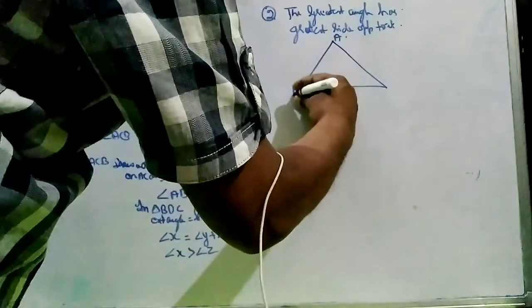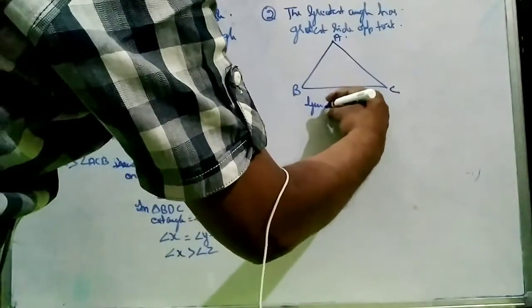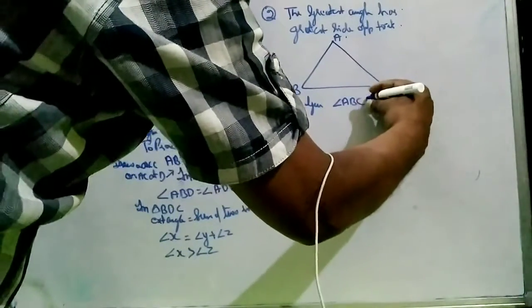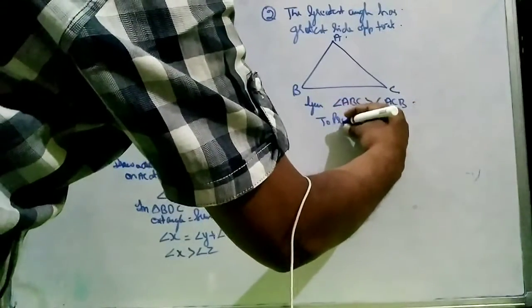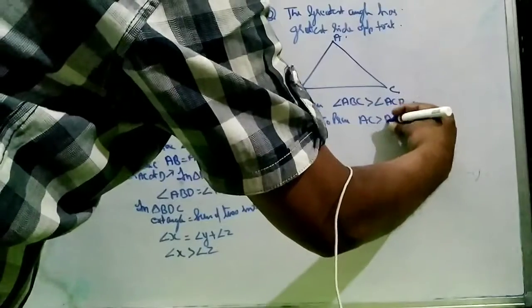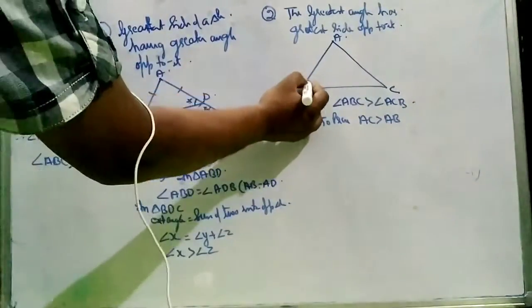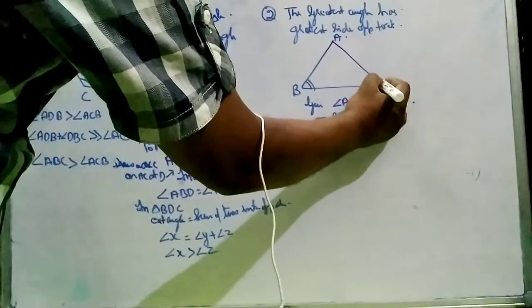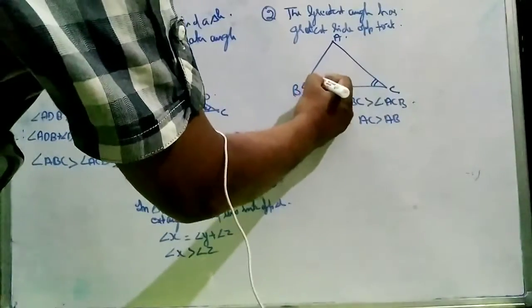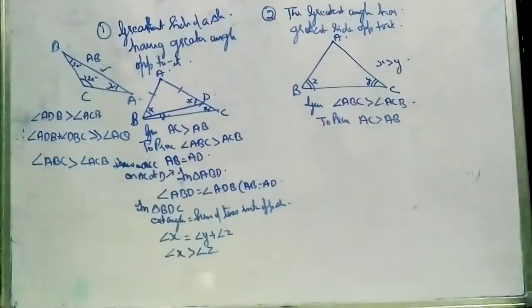A, B, C. Given that angle ABC is greater than angle ACB, to prove that AC is greater than AB. This we know is the greatest side. This angle is greater than this angle. If this angle is x and this angle is y, x is greater than y.